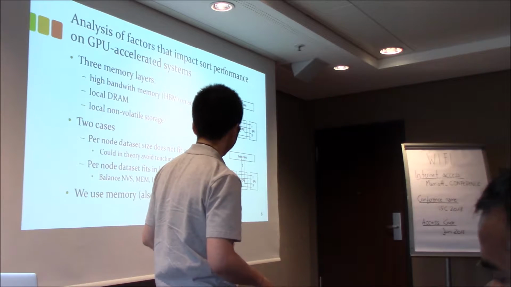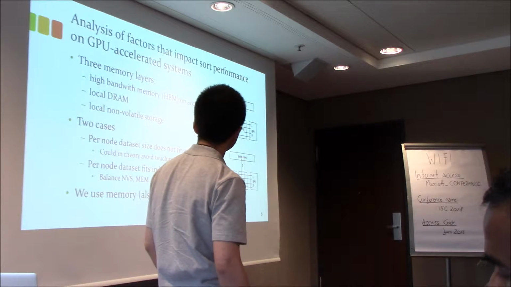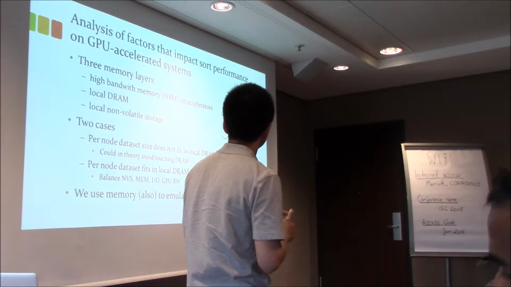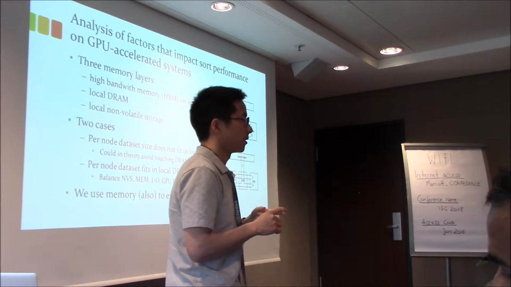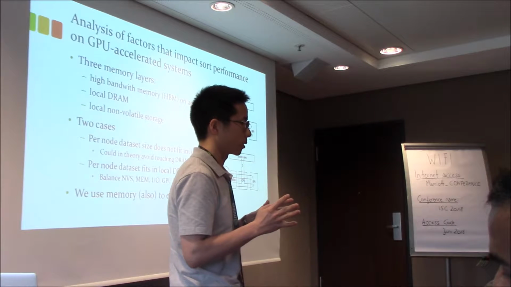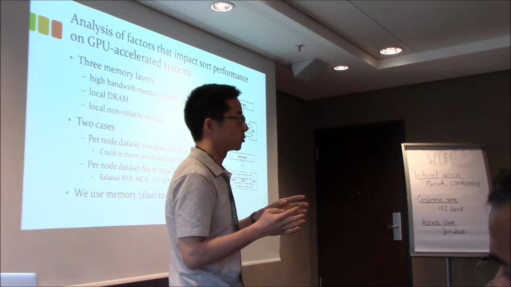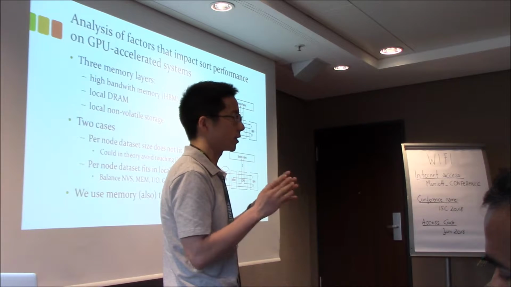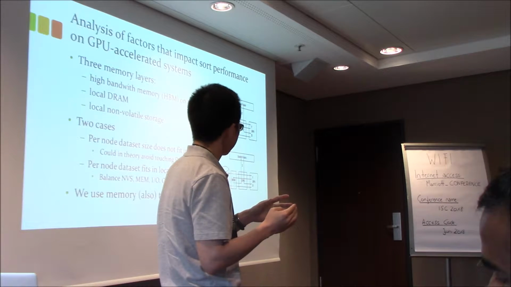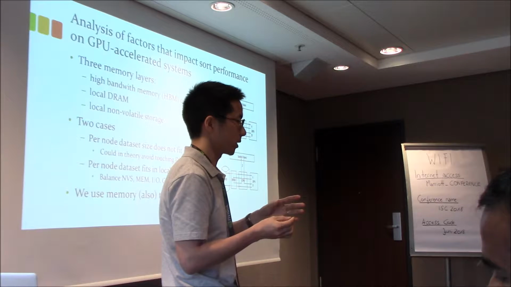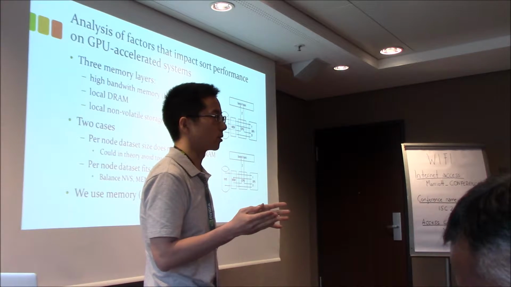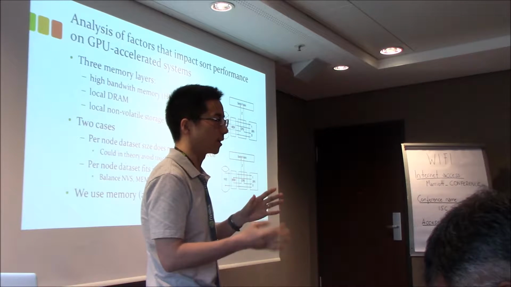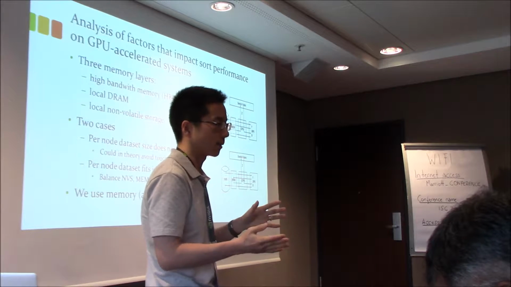With respect to the data set per node, normally there are two cases. Either we have enough nodes to spread the data set so that each node's share fits in memory, or we do not have enough sort nodes, so the data on each node will still be beyond the capacity of memory.